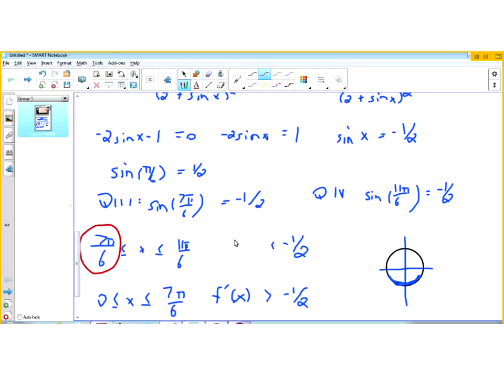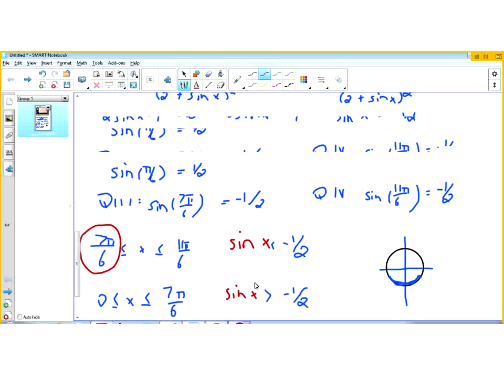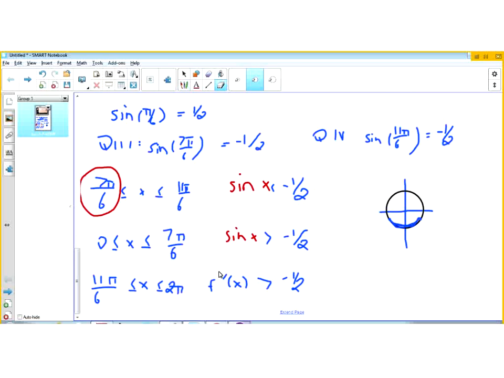We should actually say sine x. Change that to sine x. Sorry, not f prime.